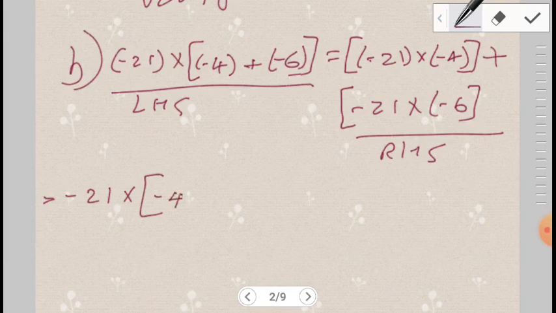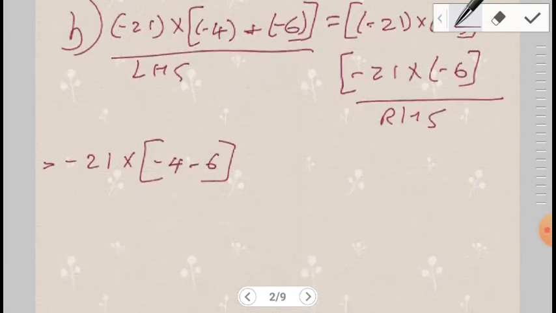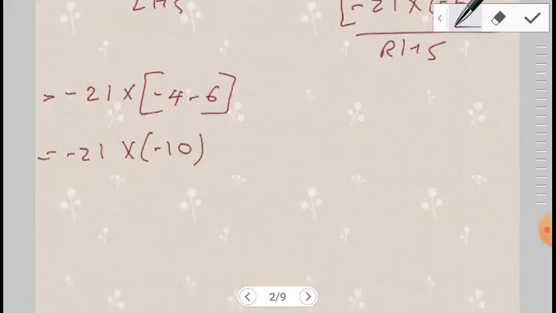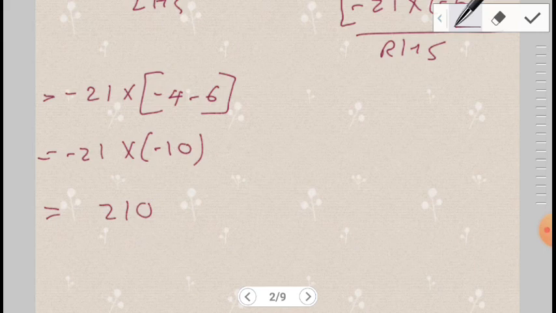So minus 4 and plus minus minus 6. So minus 21 multiplied by minus minus plus, so it will become 10, and the sign of the bigger is minus, so it will be minus 10. So 21 into 10, so it becomes 210, and minus minus plus, so it will become positive 210.